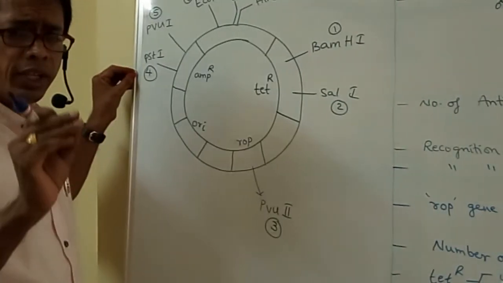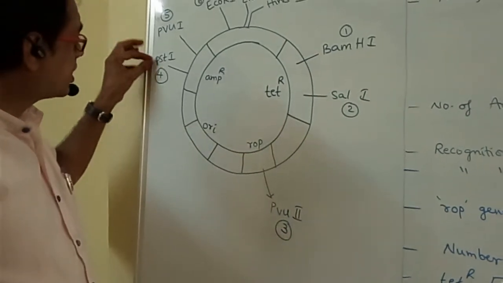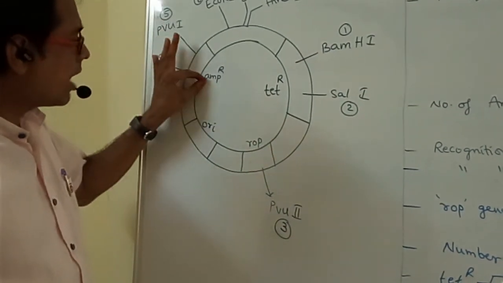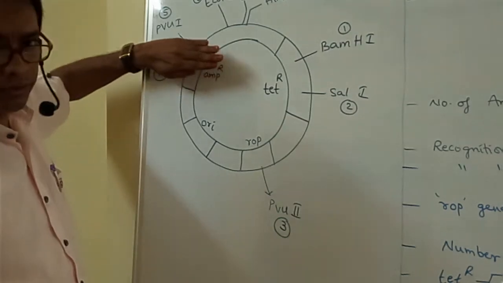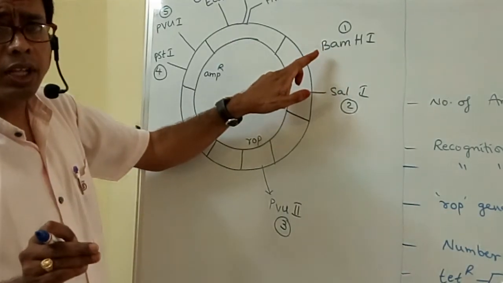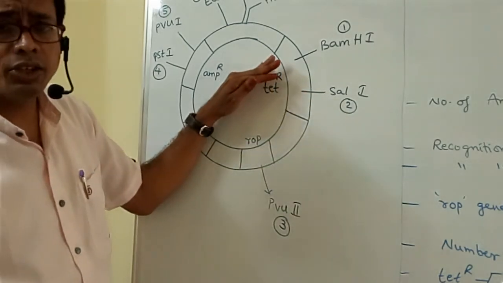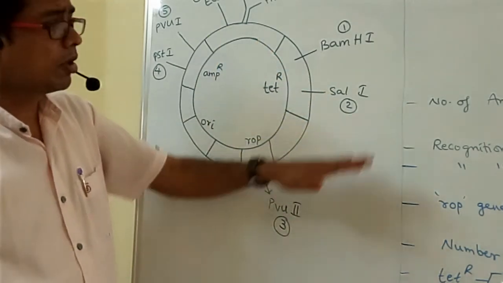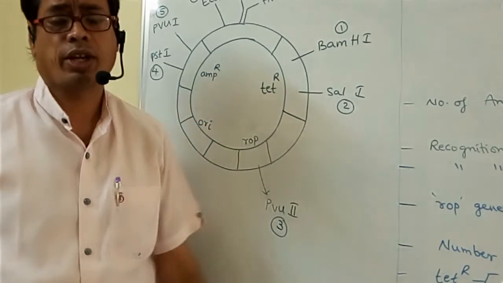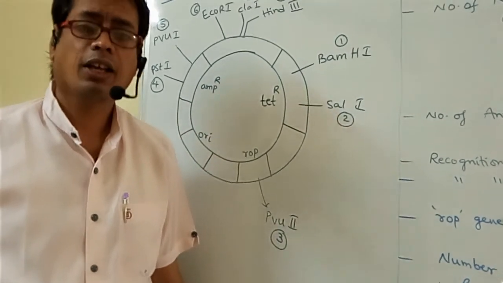If an alien piece of DNA is attached at PstI or PvuI, then the ampicillin resistant gene becomes inactive. Please note down all these points, my dear students, and we will meet in the next class.